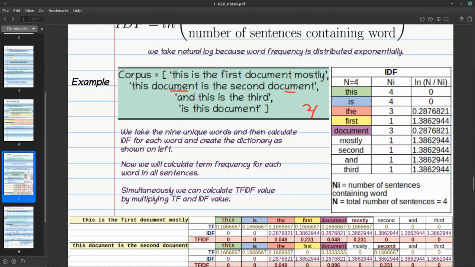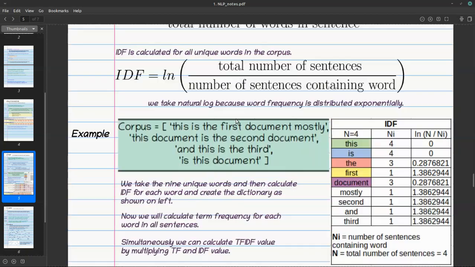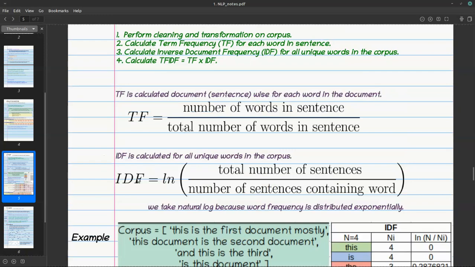So 2 divided by how many words or terms I have: one, 2, 3, 4, 5, 6. So 2 by 6. Right. So it is different from the first sentence. So term frequency makes sense on the local level, and IDF, let's see what the IDF is. IDF is calculated at the global level.